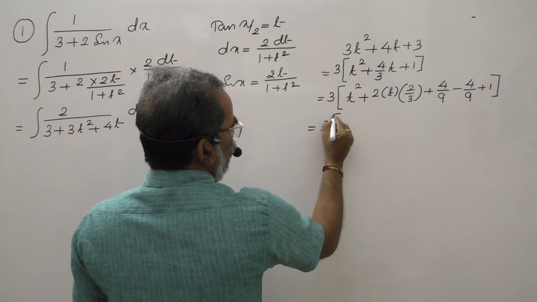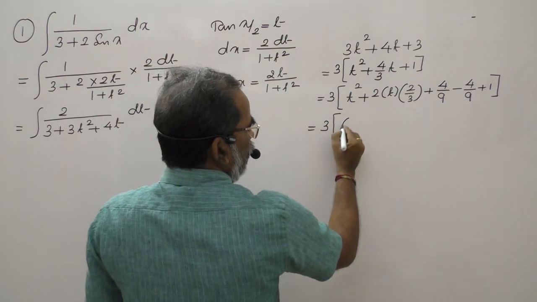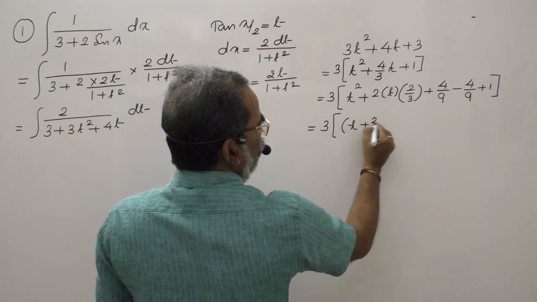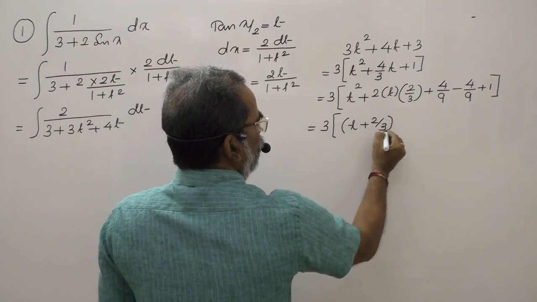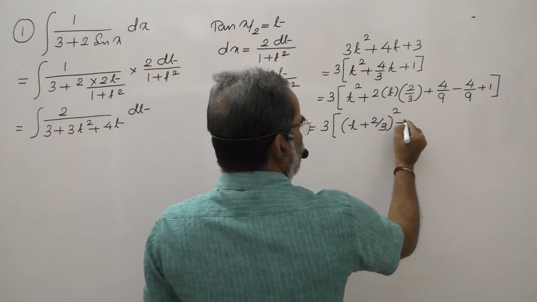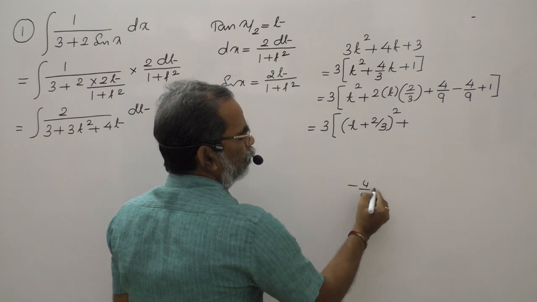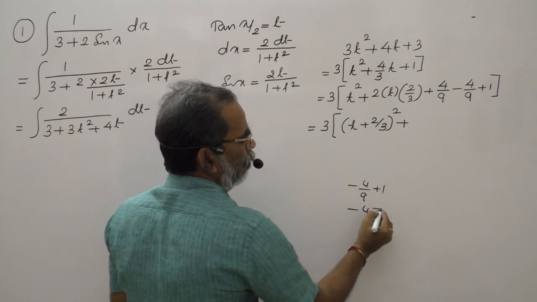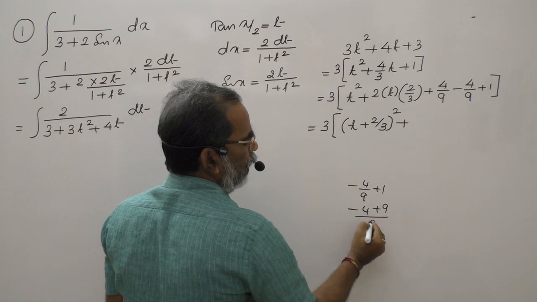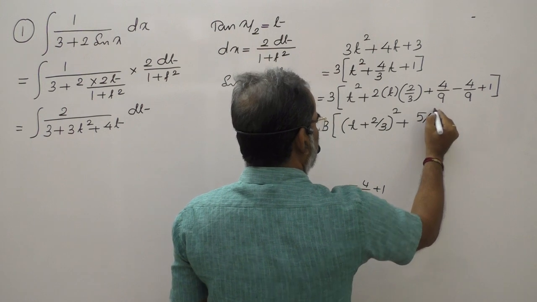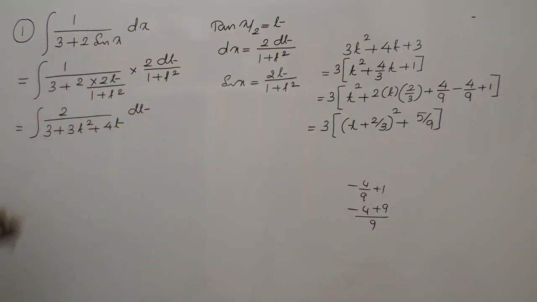Therefore the first 3 terms, a square plus 2ab plus b square, are (a plus b) whole square: (t plus 2 by 3) whole square, minus 4 by 9, plus 1. If I take LCM, minus 4 plus 9 by 9, which is 5 by 9. Now I will write here. Here 2 is constant, can be written outside.